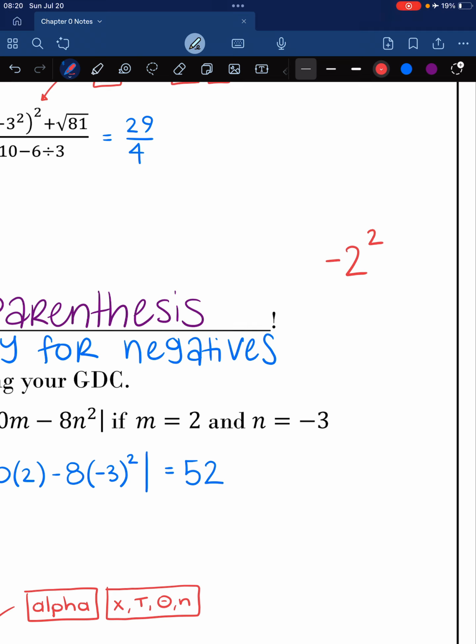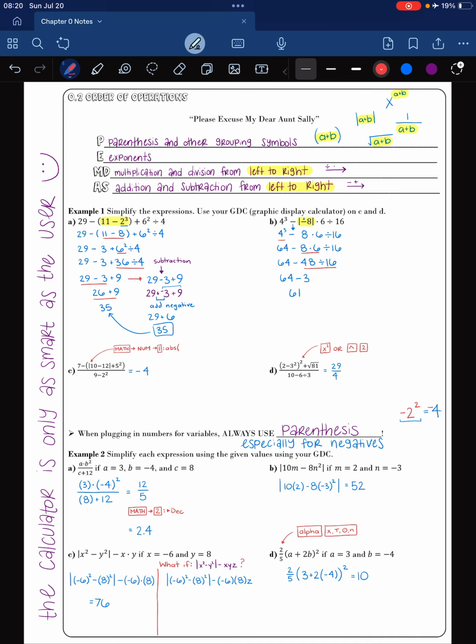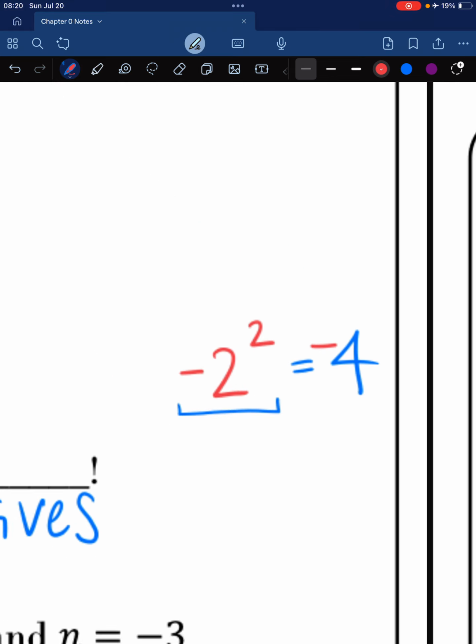And we know that -2 squared should equal 4. The problem is if you type it in exactly like this in your calculator, it's actually going to tell you that this equals -4. And I always have students say that the calculator's wrong. Why is the calculator getting this wrong? And to that I say, the calculator is only as smart as the user.